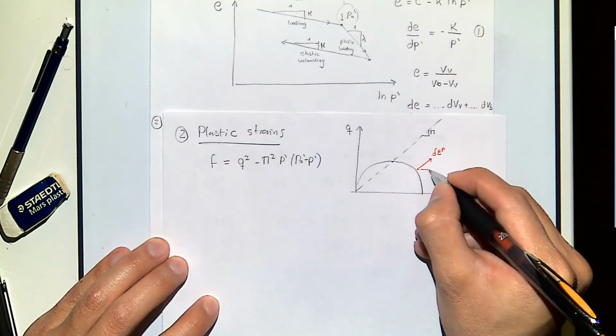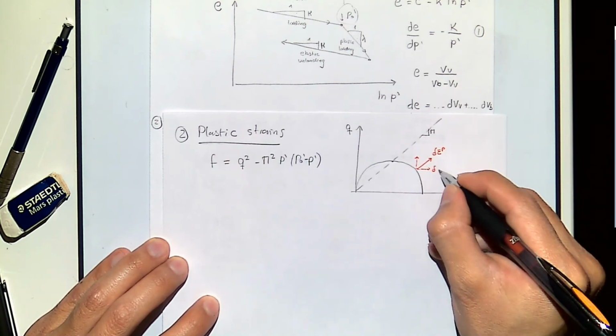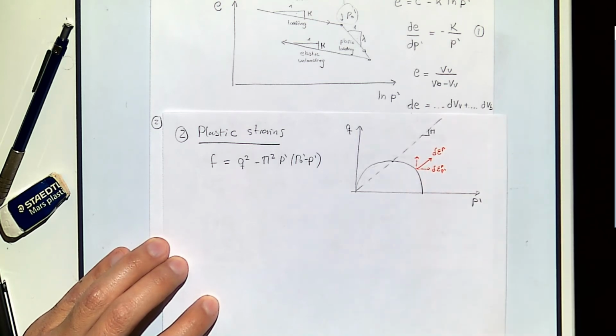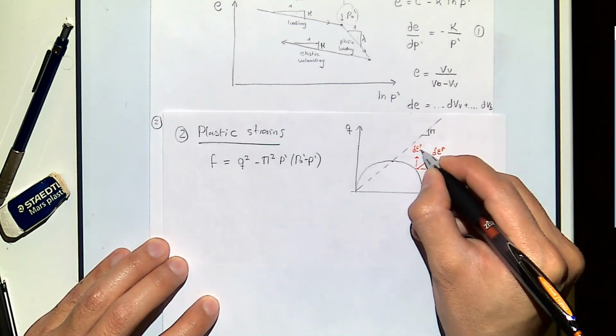And this is going to depend on two components: the change of plastic strain on the volumetric part and the change of plastic strain on the deviatoric part.